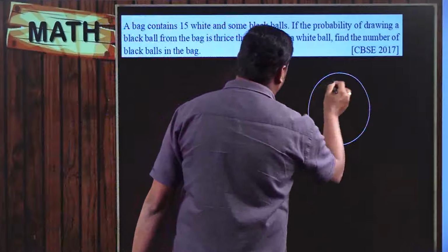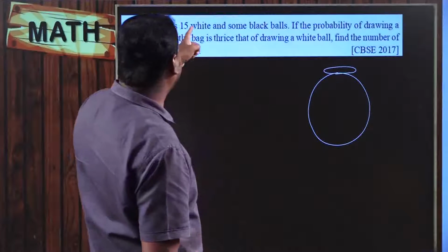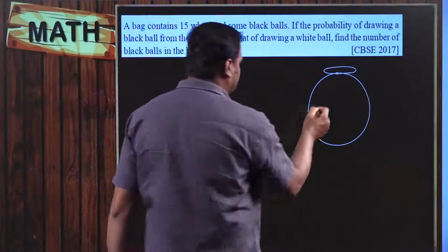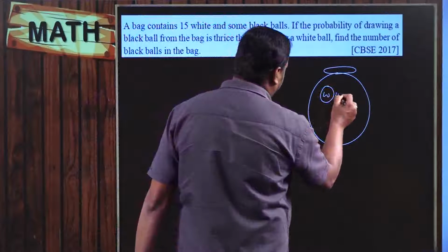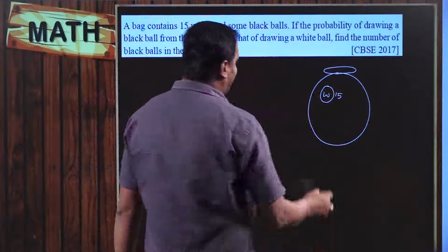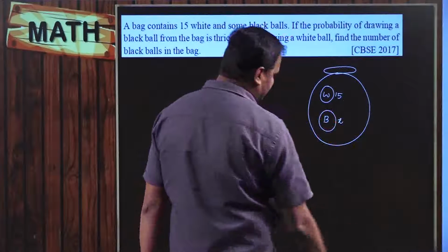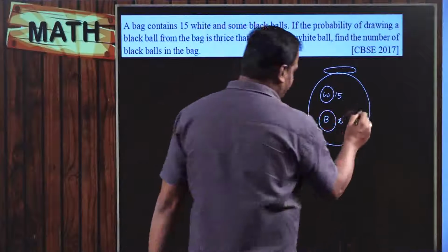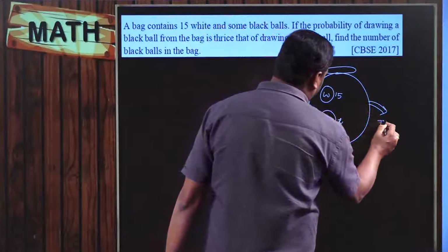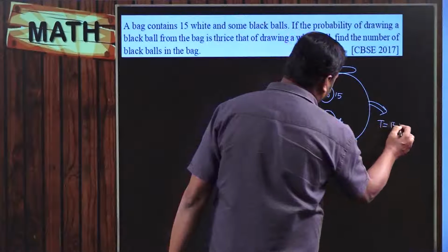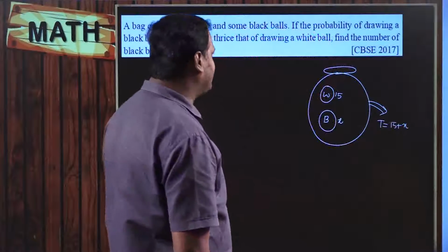A bag contains 15 white balls, and some black balls. I do not know how many black balls there are, so the number of black balls is equal to X. From this information, the total number of balls is 15 plus X, because 15 white balls and X black balls are there.